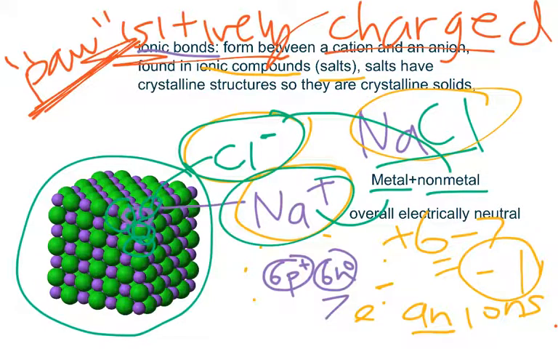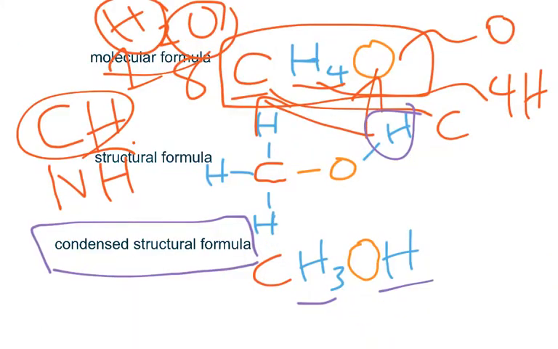So we don't call ionic compounds ionic molecules because molecules, although technically correct since a molecule is just two or more atoms, usually refer to chemicals with covalent bonds like H2O.